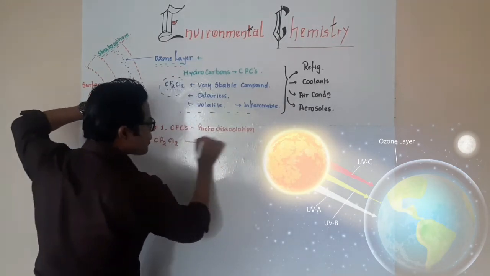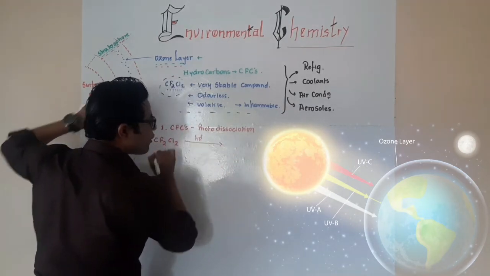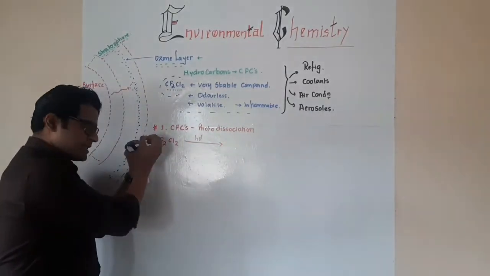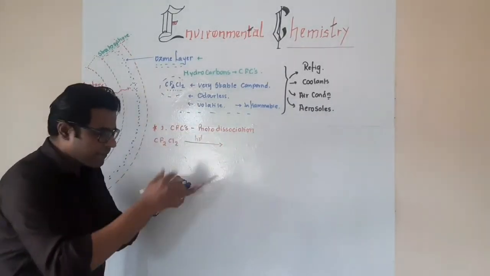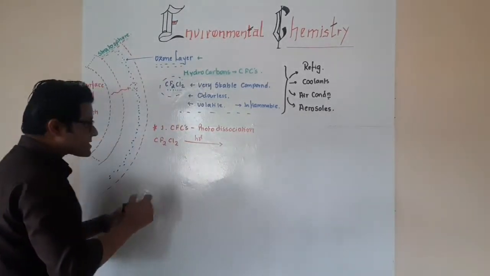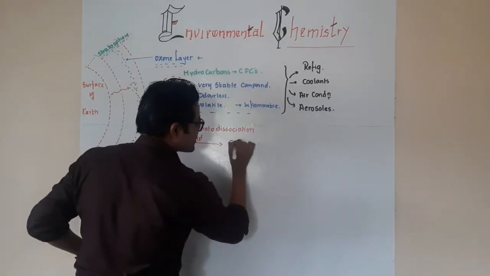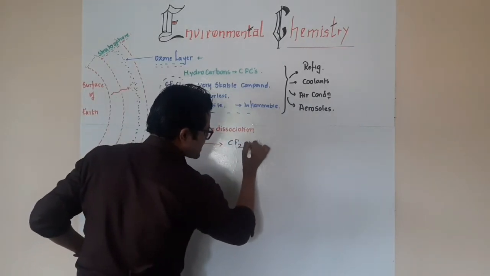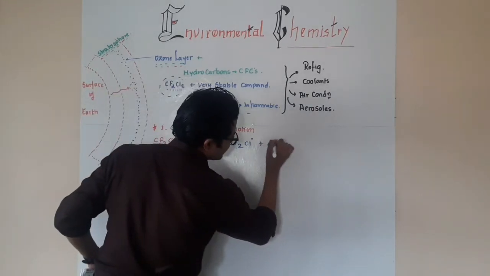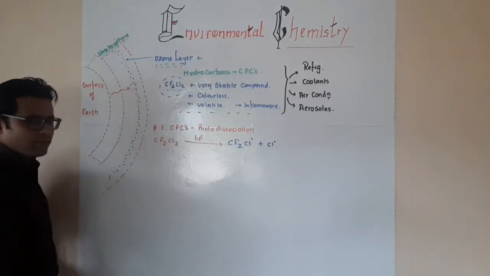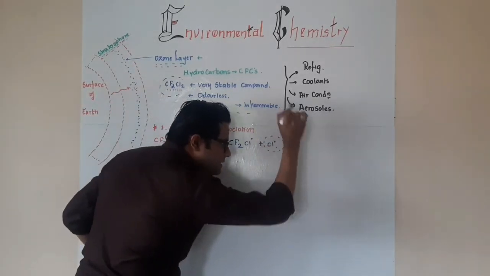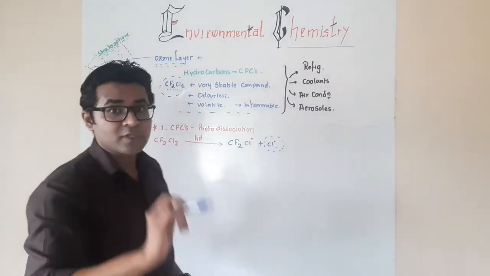This photodissociation is because of the strong ultraviolet radiations, due to which this particular thing splits. It breaks down into free radicals. So let's have over here CF2Cl, this is our free radical 1, plus Cl, that is a chlorine free radical, the second one. Now this chlorine free radical is responsible.